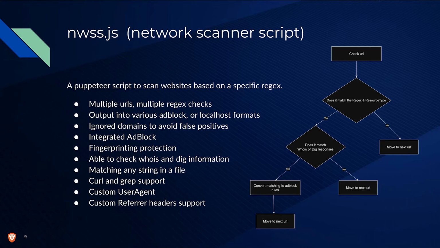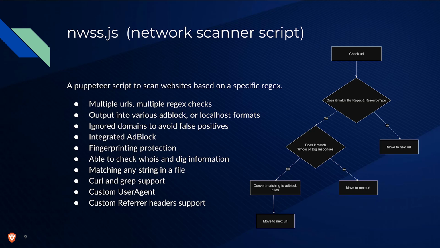So, introducing a network scanning script. It's a Puppeteer script that will scan the web and output various ad block rules. It has an integrated ad blocker in it. It has fingerprint protection as well, so the site doesn't know that you're running a Puppeteer script. It's got custom user agents and also custom referrers, because often if you link directly to a website, the referrers can be checked to block access to it.